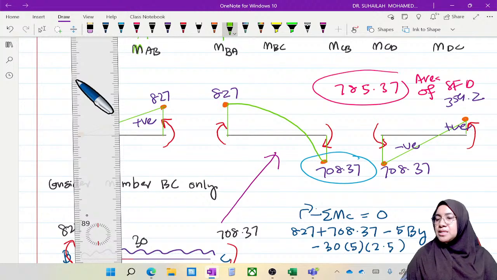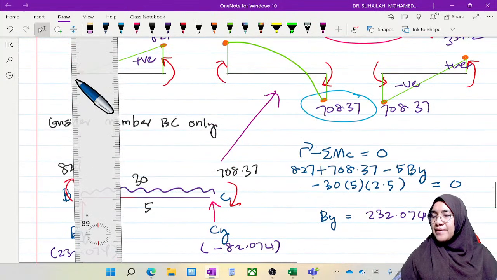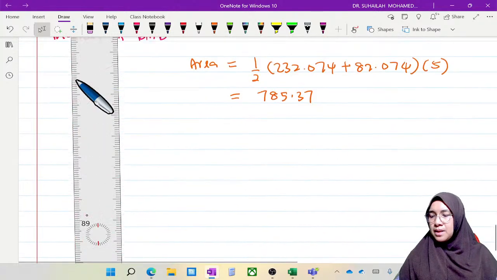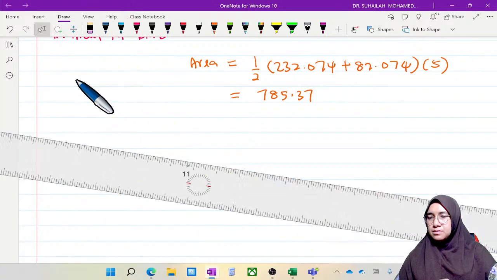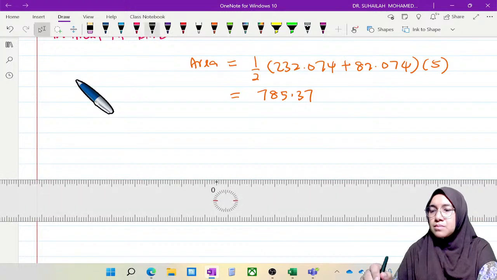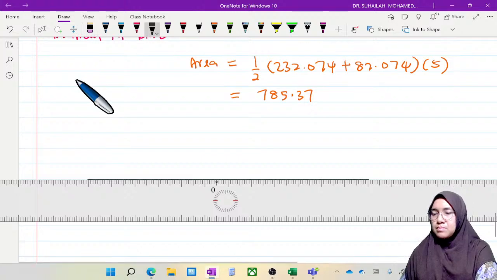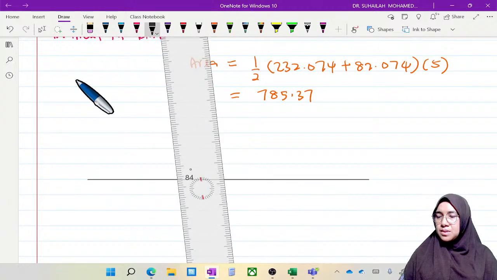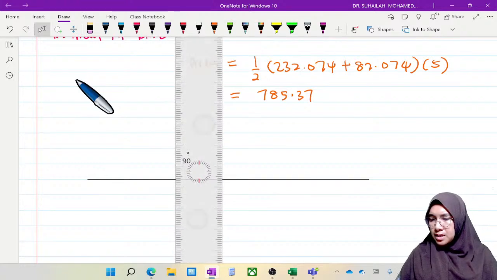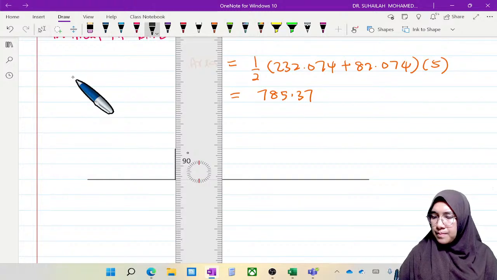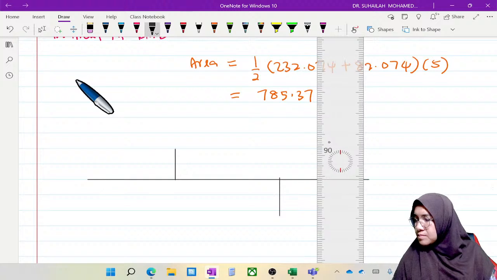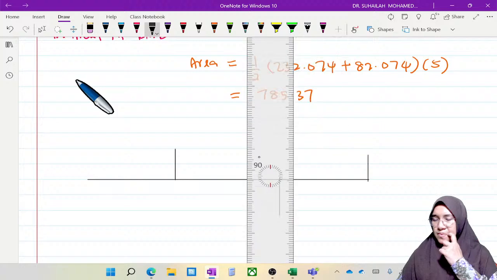When we combine the diagrams, we get the shear force diagram.